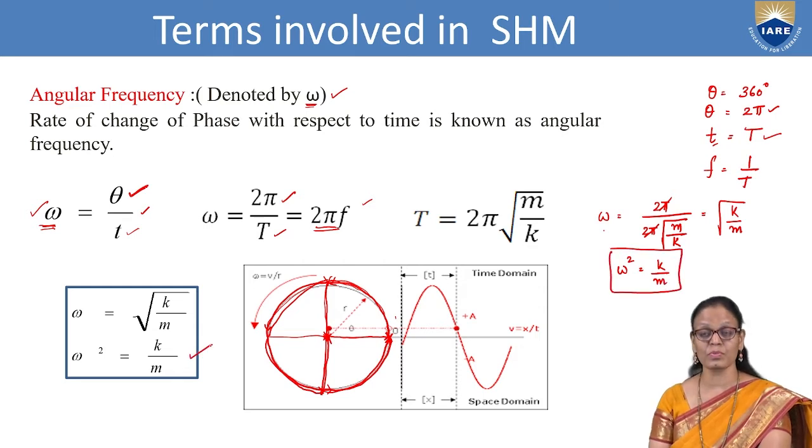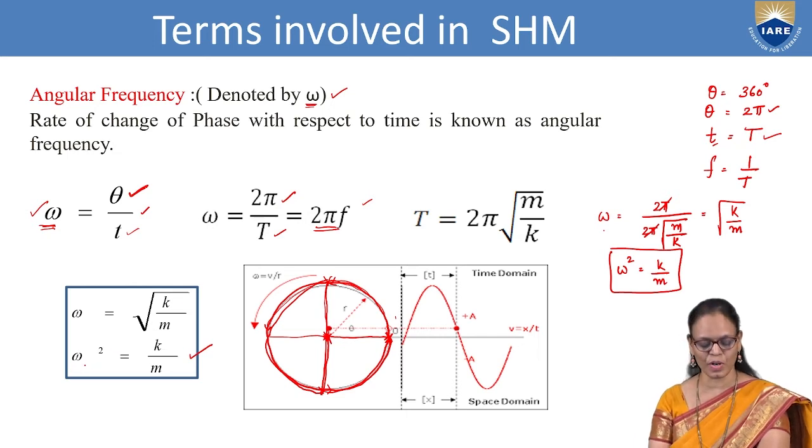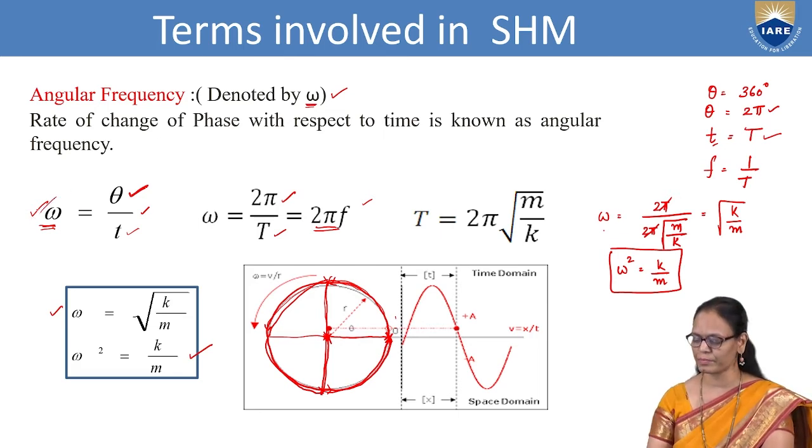We are going to use, in all expressions, this formula: omega square is equal to k by m, or the angular frequency omega is equal to under root k by m. Even in the derivation, when we derive the expression for a simple harmonic oscillator, we will be using this. So, this comes from our basic definition for angular frequency.